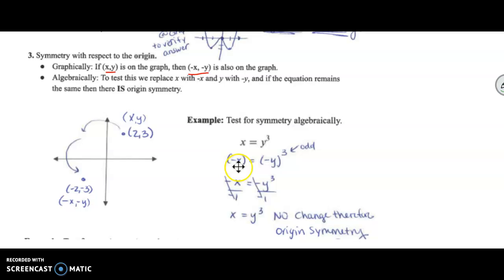When we plug in negative, x becomes negative x and y becomes negative y. Since this is an odd exponent, you end up with a negative y cubed, and here this is negative x. If we divide by negative 1, we get the same equation, and therefore there is symmetry with respect to the origin.